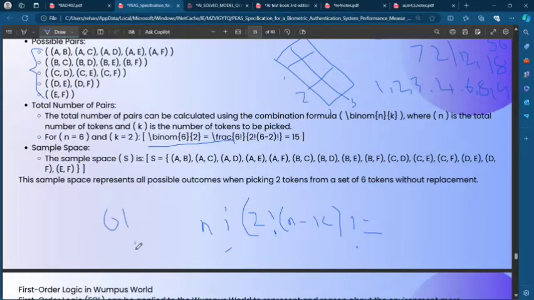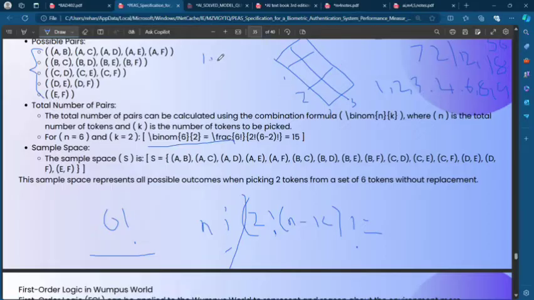So what will be n factorial? Let us find 6 factorial.